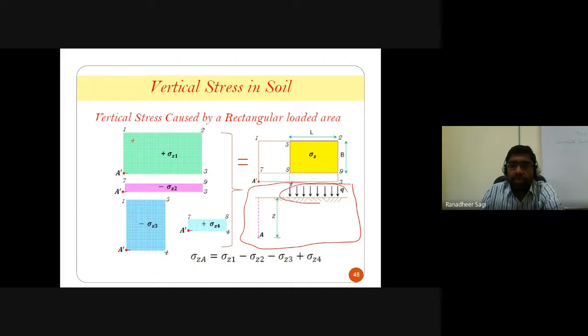This is my loading. For the loading acting here, I want to calculate how much is the vertical stress that is getting developed at this point A. Where is this point A? Point A is not lying below your loaded region, rather it is lying somewhere else at a depth of z meters below that loaded surface.